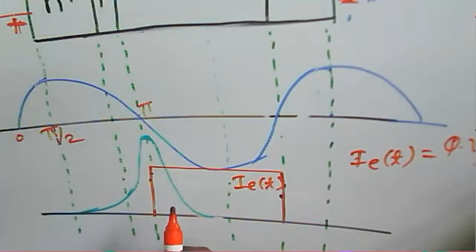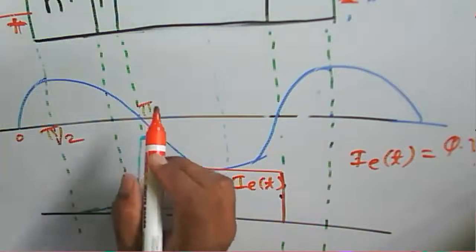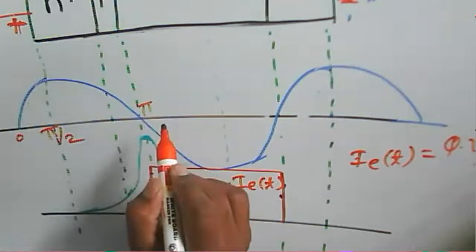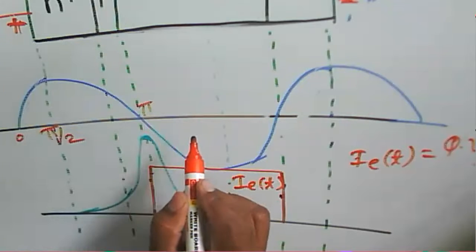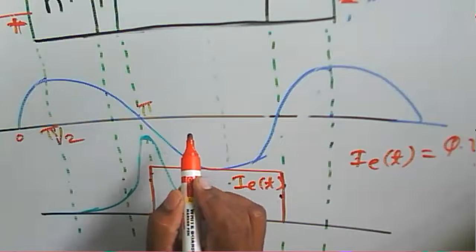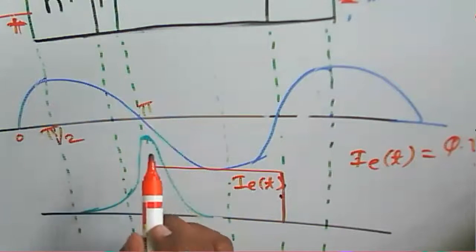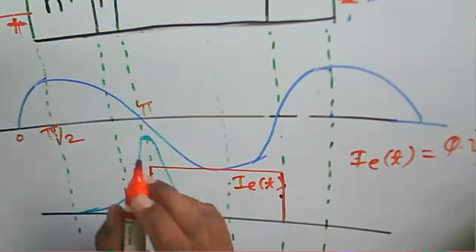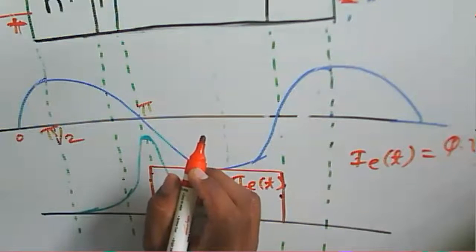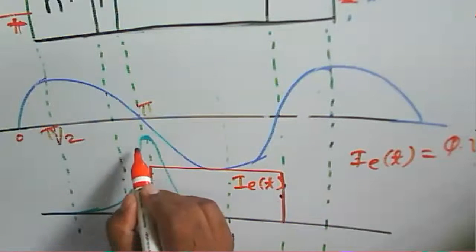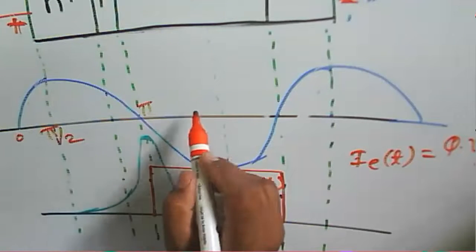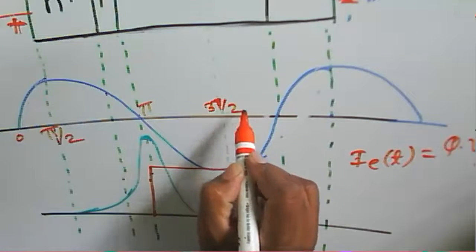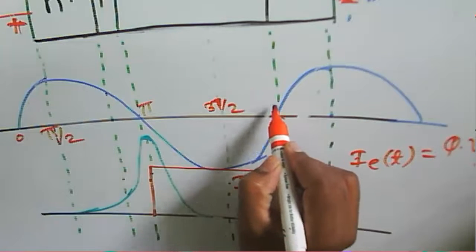So the carrier current and the induced current, the induced current will be delayed by 90 degrees. Then consider the overall current generated here. This point is pi, then 3 pi by 2, and this is 2 pi.